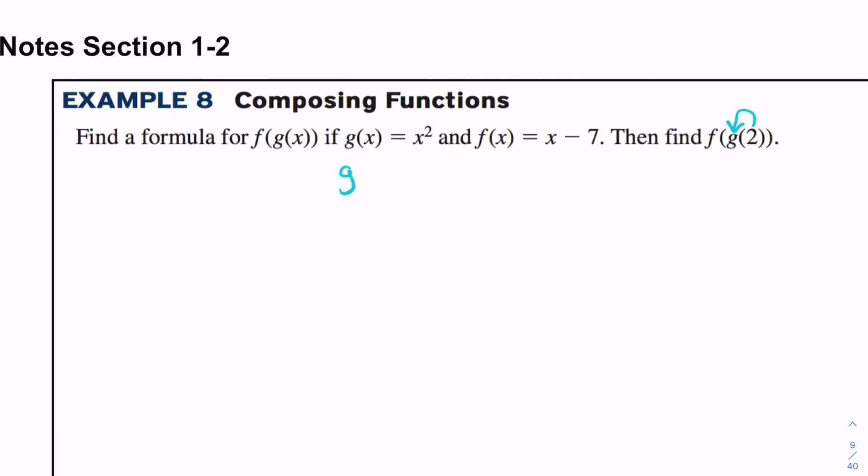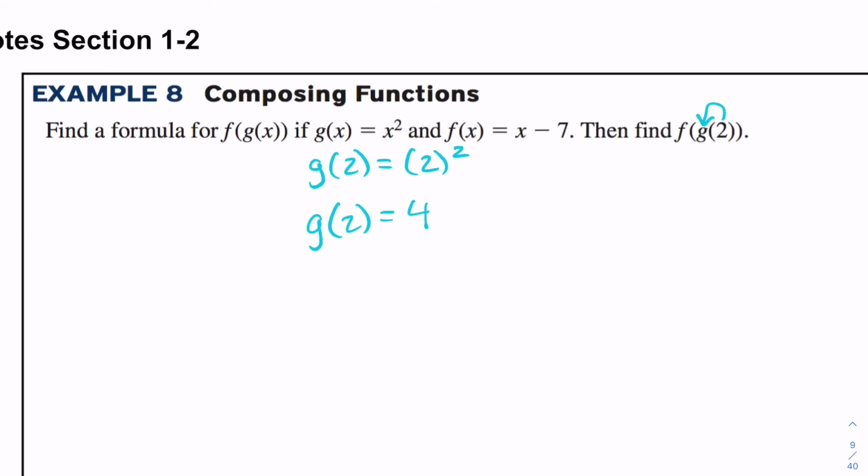So I'm going to say g of 2 is equal to 2 squared. So g of 2 equals 4. Awesome. And so now I'm going to replace g of 2 with 4. So f of 4 is truly what I'm going to evaluate. Now, where does 4 go? Well, 4 goes in for x in f.